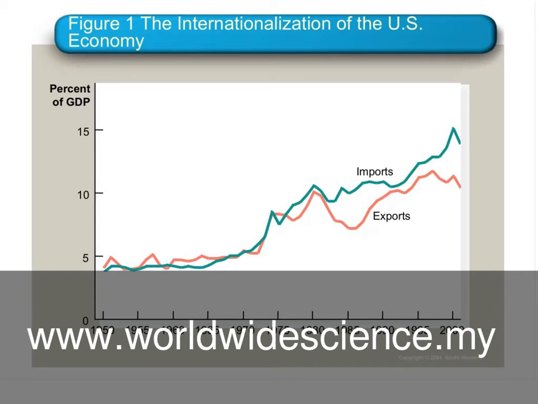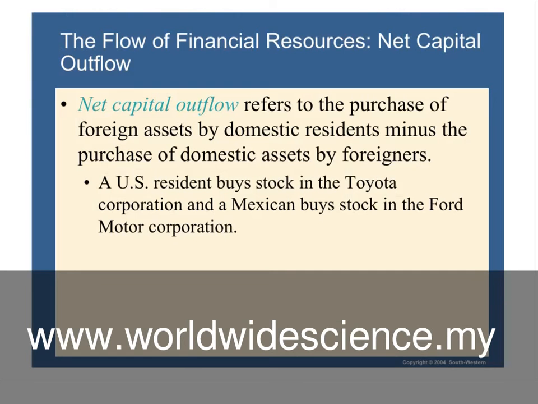So net capital outflow refers to the purchase of foreign assets by domestic residents minus the purchase of domestic assets by foreigners. So net capital flow is basically about buying assets.